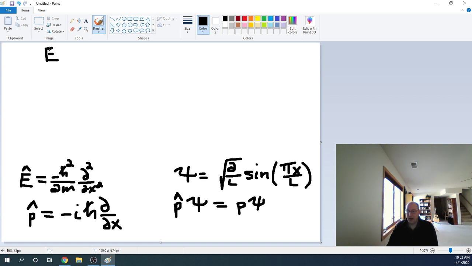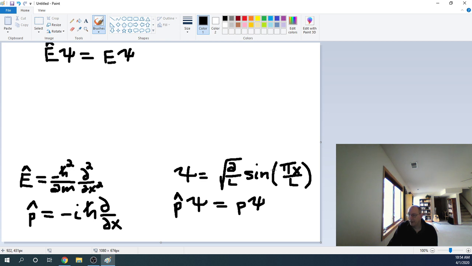The general eigenvalue problem here is that the energy operator acting on psi, the wave function, should be equal to some constant value, which I'll call E, times the original wave function back. Okay, so let's do the energy operation on this. Now this one isn't so bad. Leaving out the coefficient for a second, let's just focus on the derivative.